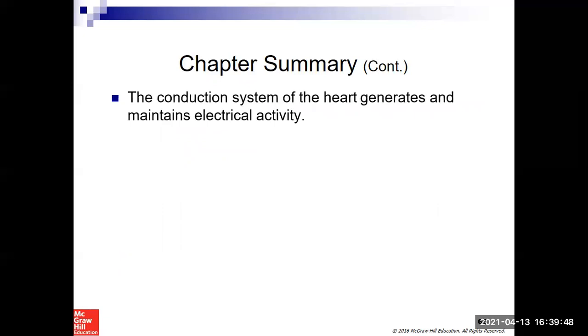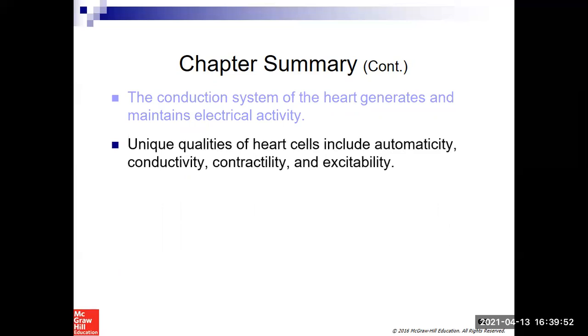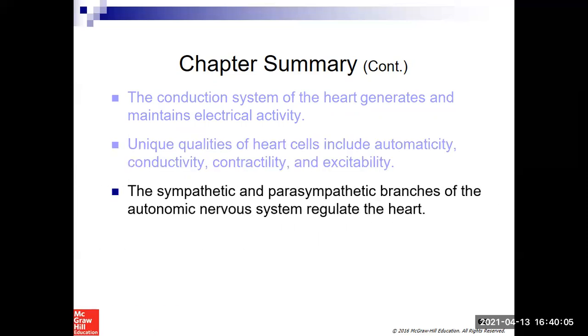The conduction system of the heart generates and maintains electrical activity. Unique qualities of the heart cells include automaticity, conductivity, contractility, and excitability. Know the difference between those. The sympathetic and parasympathetic branches of the autonomic nervous system regulate the heart. And remember, they release chemicals that you need to know.